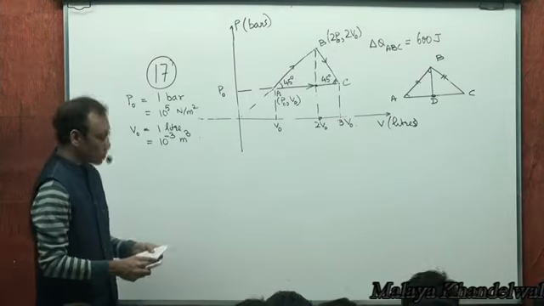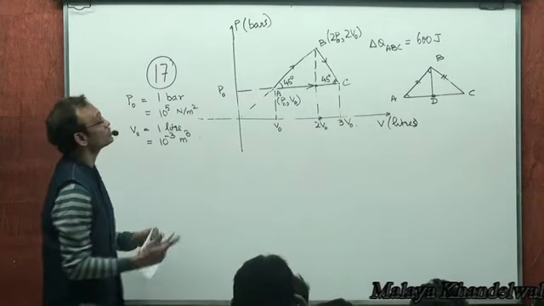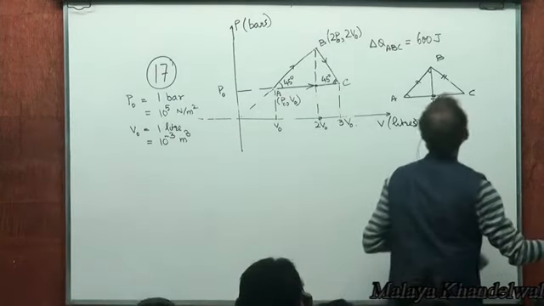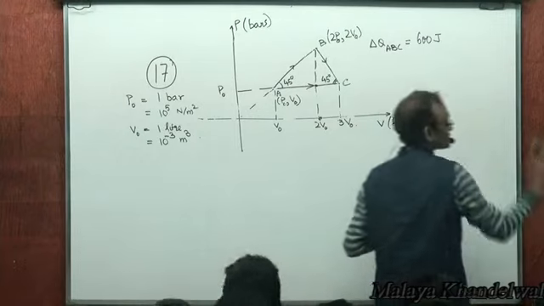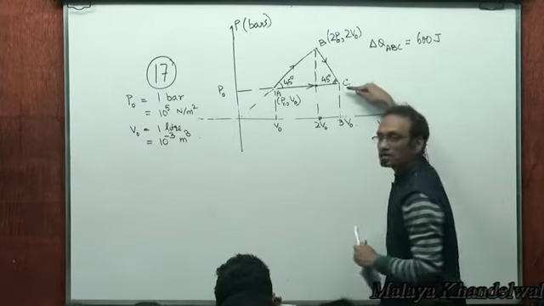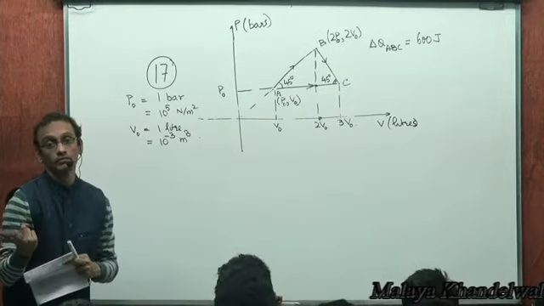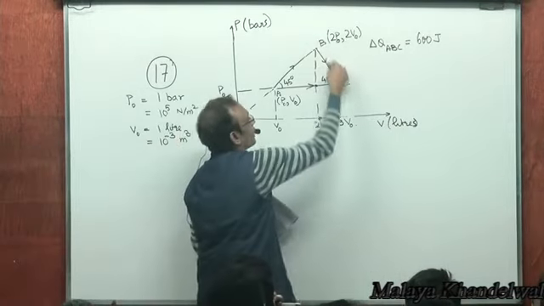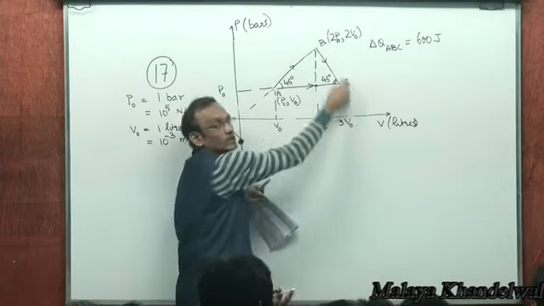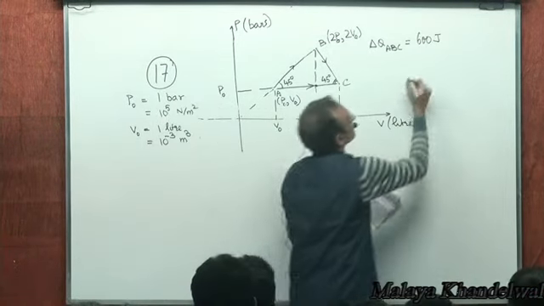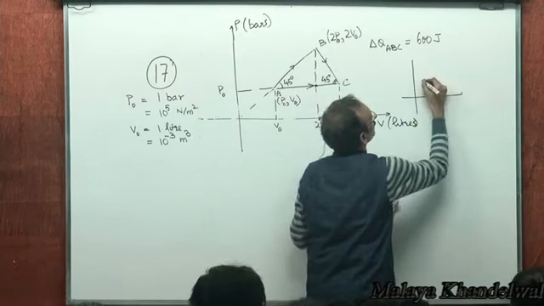Heat supplied along ABC is 600 joules. This is given. Now, can I calculate the work done in ABC? Yes, the area under ABC would be the work done in ABC.